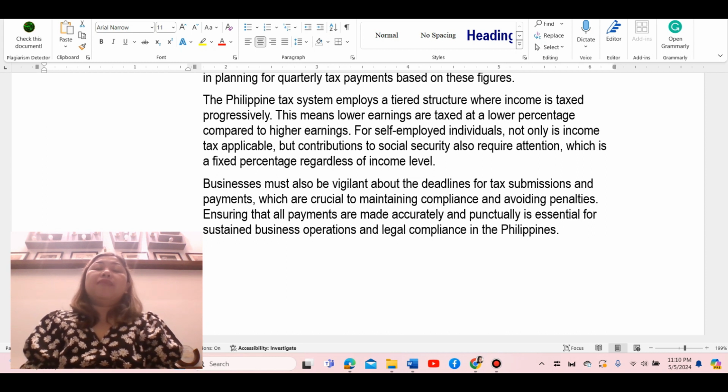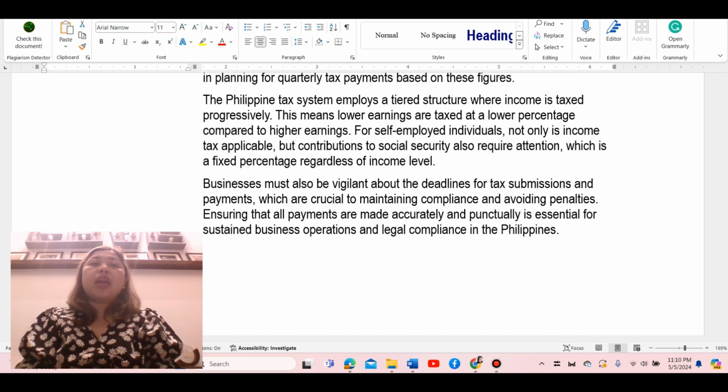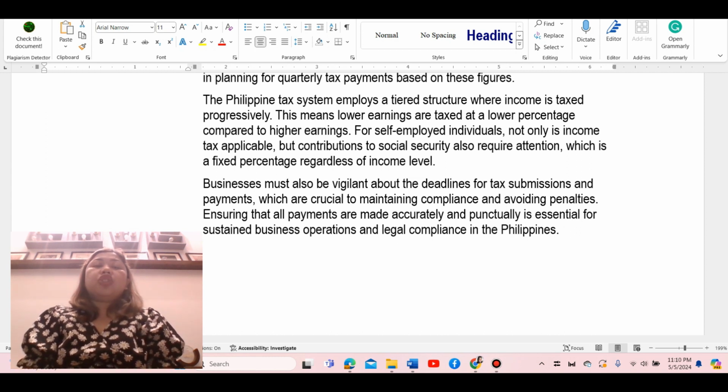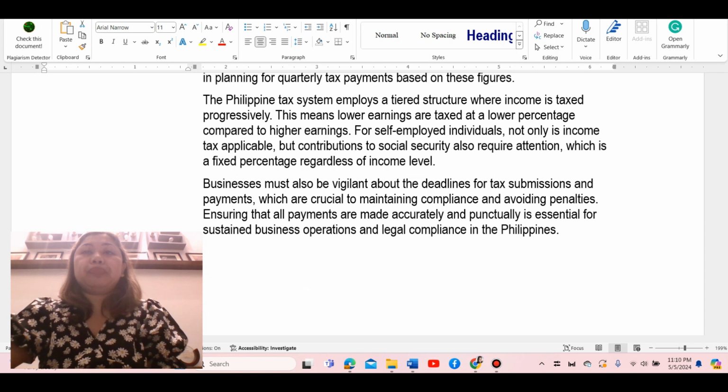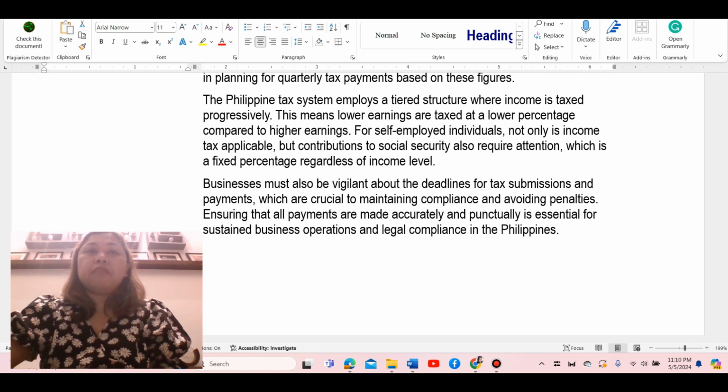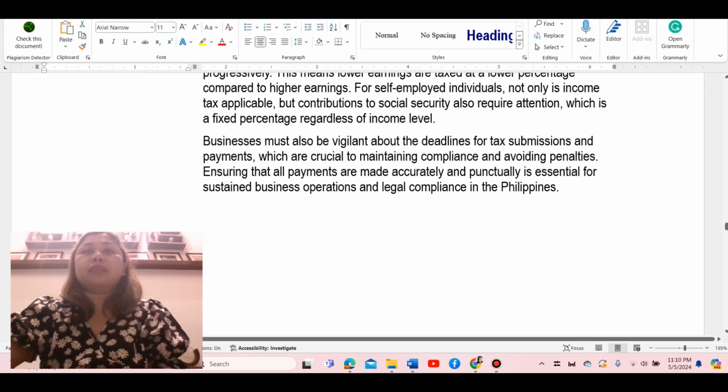Businesses must also be vigilant about the deadlines for tax submissions and payments, which are crucial to maintaining compliance and avoiding penalties. Ensuring that all payments are made accurately, and punctuality is essential for sustainable business operations and legal compliance in the Philippines.